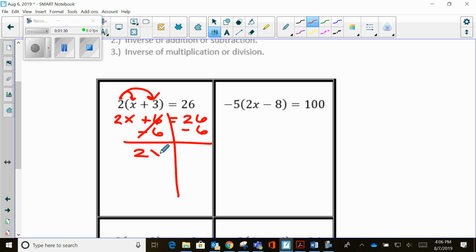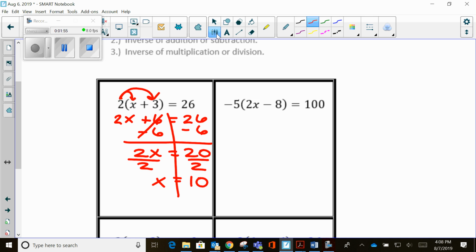I have 2x equals 26 minus 6 is 20. And our final step is to do the inverse of multiplication or division. So the inverse of a 2x, which is multiplying, is dividing by 2. So then I get 20 divided by 2 is 10.